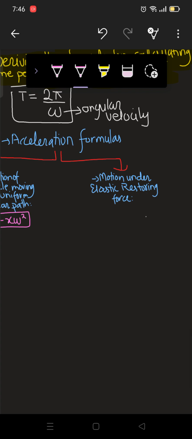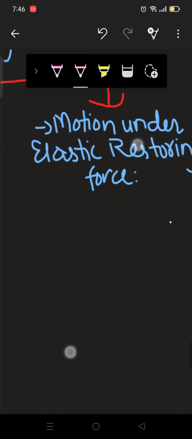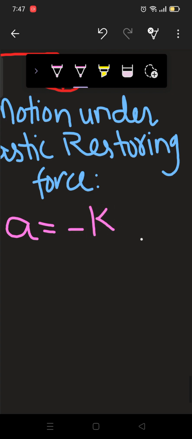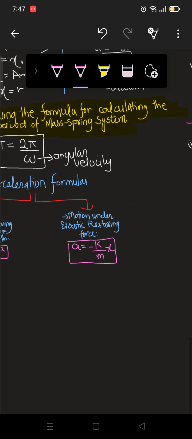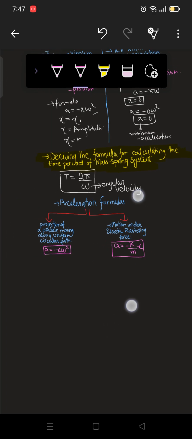And we found the formula for the acceleration of a motion under elastic restoring force, or Hooke's law, or mass spring system too, and this formula was a is equal to minus k over m x, where k is the spring constant, m is the mass of the body, and x is the displacement from the mean position.